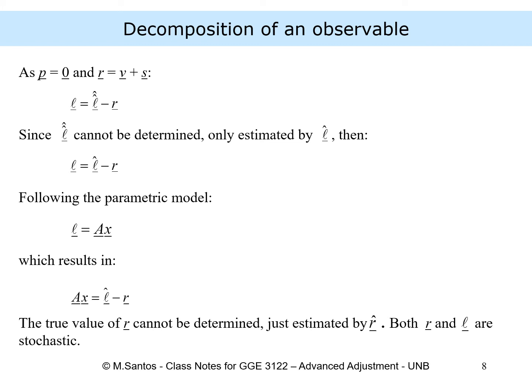A is the design matrix, X is the parameter vector, which, if we replace, results in an explicit relationship between AX and the difference between the true value minus the residual.